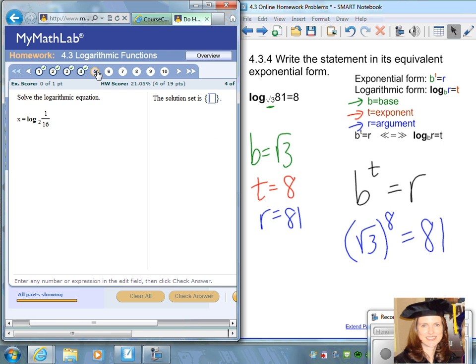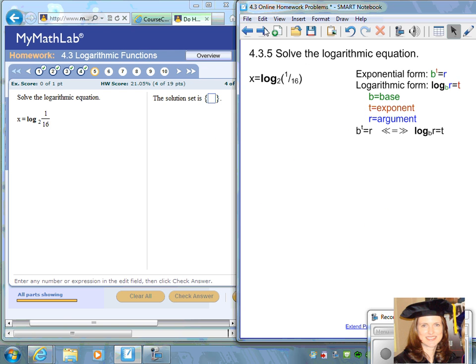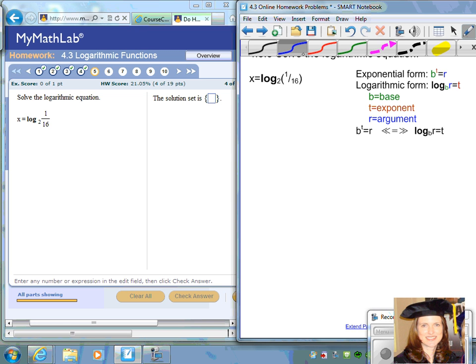Okay, let's look at number 5. Number 5, you have an equation and you want to solve the equation. And we can do that by taking the logarithmic equation and converting it to exponential form. Okay, we want to identify the base.